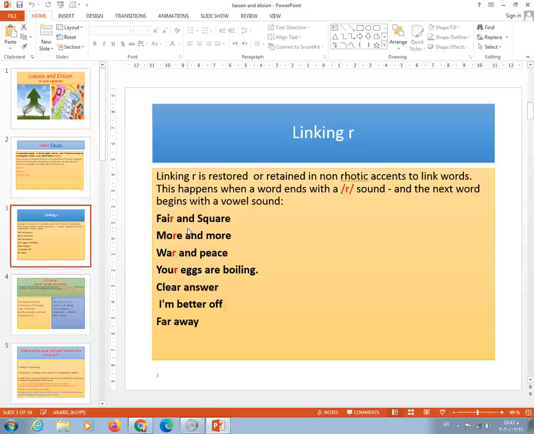So you have fair and square. How about the final R in square? In RP, they do not pronounce it. They retain the first R because it's followed by a word starting with a vowel.